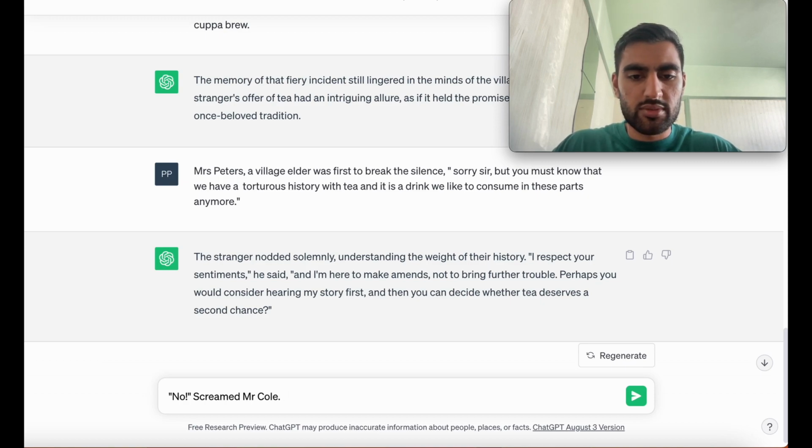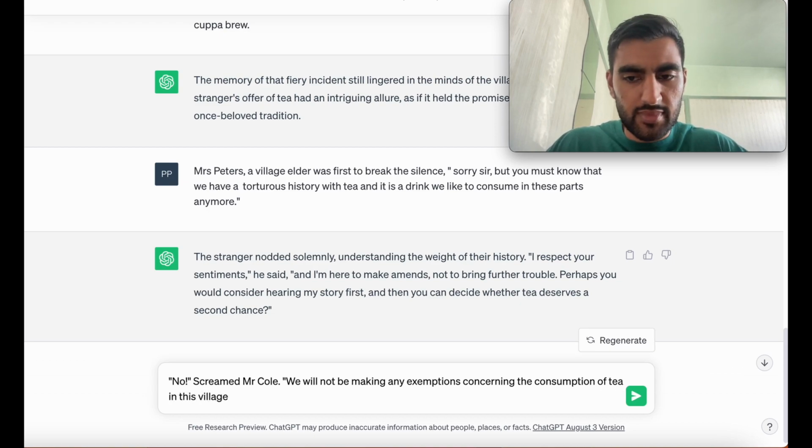We will not be making any exemptions concerning the reintroduction, concerning the consumption of tea in this village.